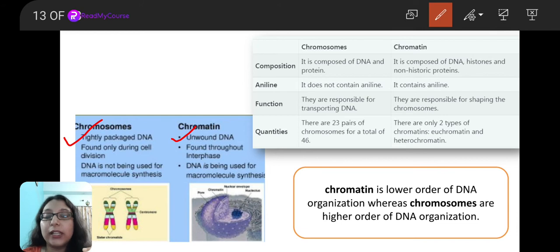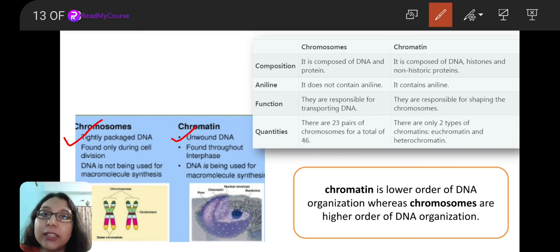I think you know that a cell undergoes cell division and then the cells multiply to form a multicellular organism. That much is clear, right? So when a cell is not undergoing any kind of division, that is the resting phase of the cell. Now in the resting phase of the cell, usually we will find chromatin. But when a cell is becoming ready to divide, when it is in the actively dividing phase, then we will find the chromosomes. This much is clear?